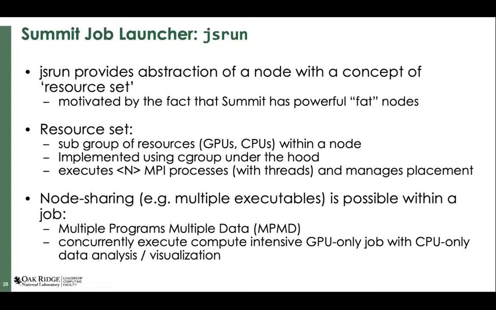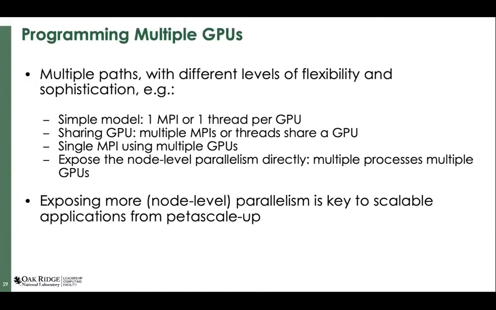So there are different ways you could use multiple GPUs. These are some of the common scenarios, and each mode gives you a different level of flexibility. The simplest mode is one MPI rank or one thread per GPU.